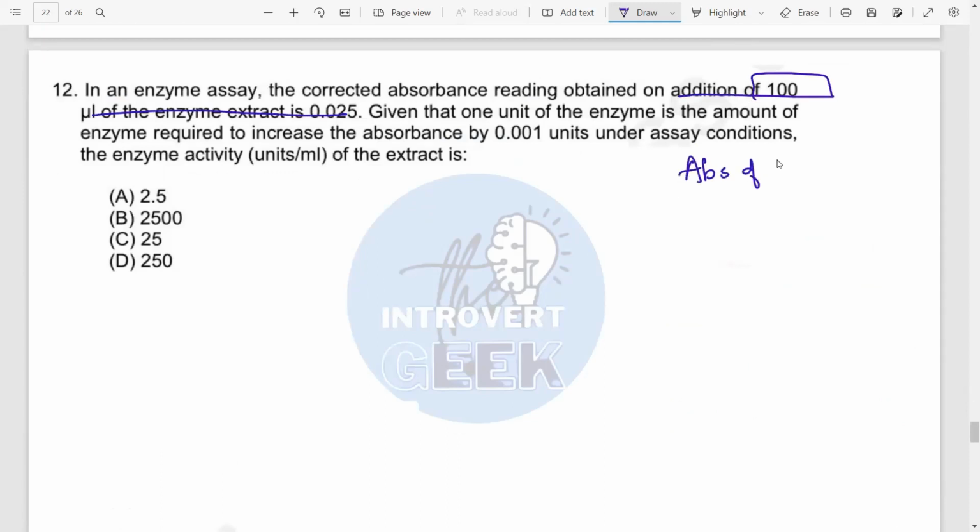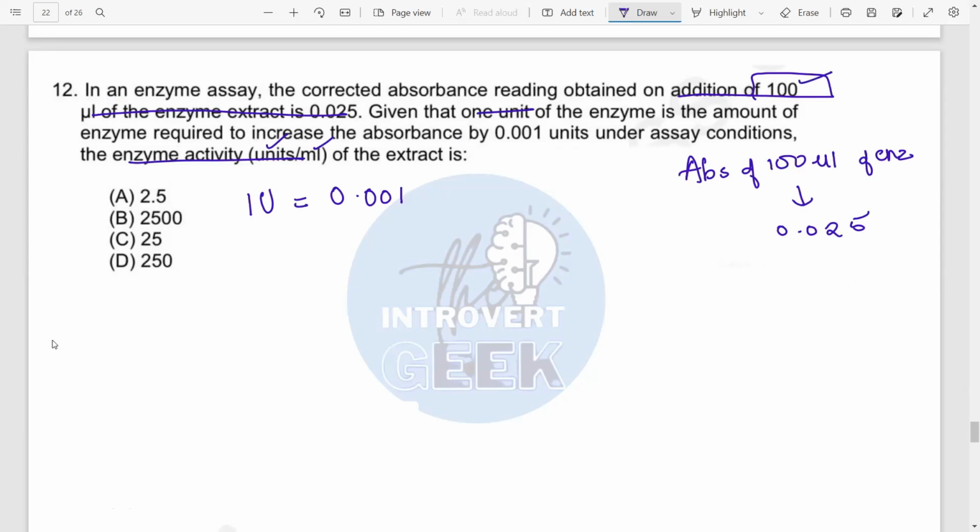Given that 1 unit of enzyme is the amount of enzyme required to increase the absorbance by 0.001 unit under assay conditions, the activity in units per ml will be dash. By looking at the unit of what is required, you'll understand it's units per ml, so you need ml and you need units. The only place they are telling you a volume is here, that is 100 microliter.